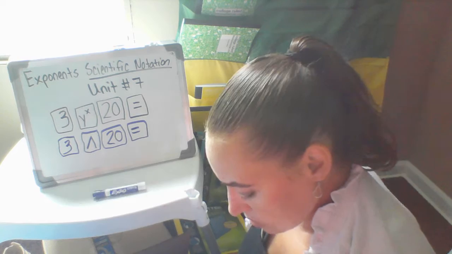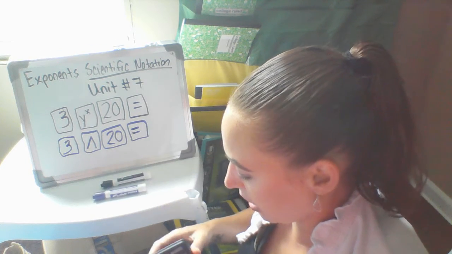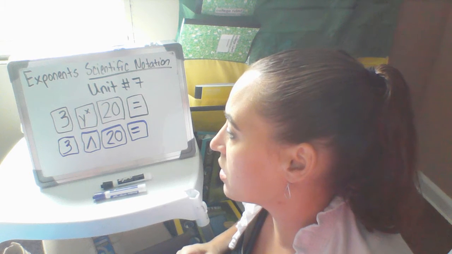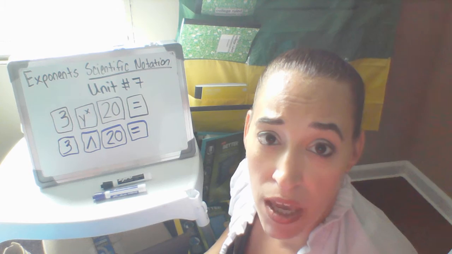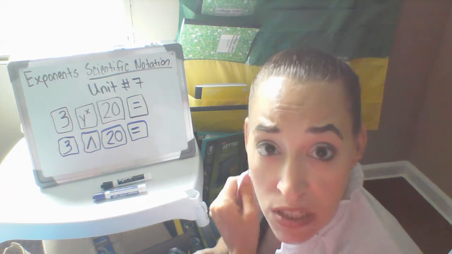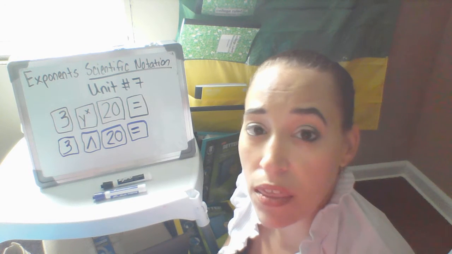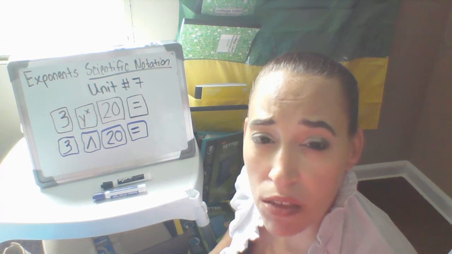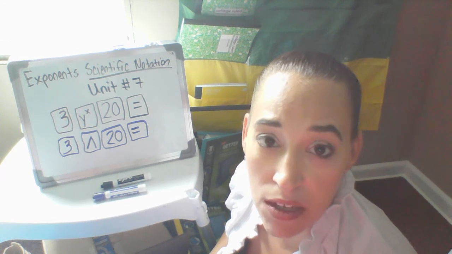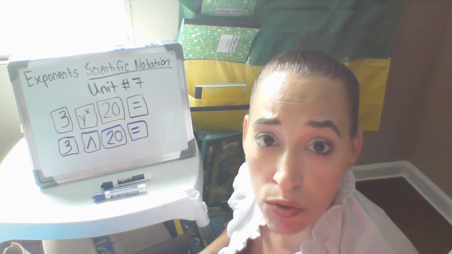For those of you in class watching this video tutorial, say Miss Fisher is absent and there's a sub there. The sub will most likely direct you to watch Miss Fisher teaching the lesson, and then might give you the worksheet that follows. You could also be watching this if Miss Fisher is cycling through groups.